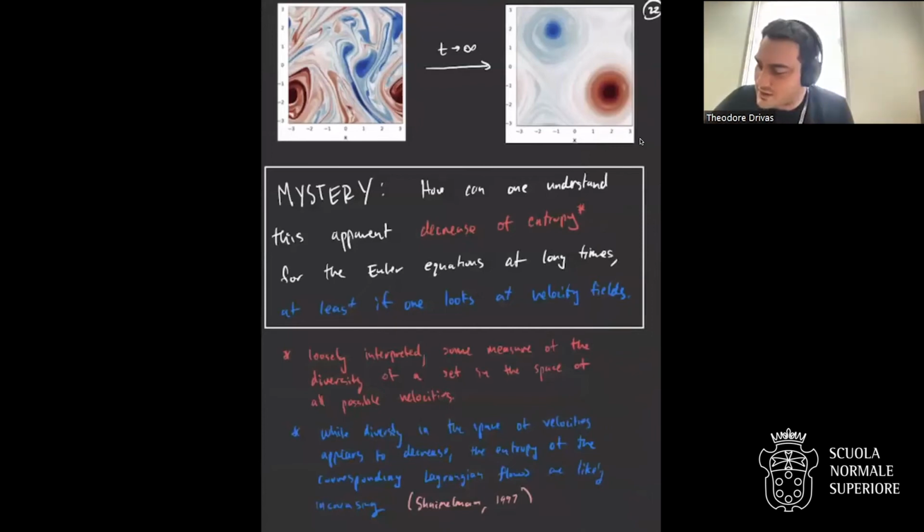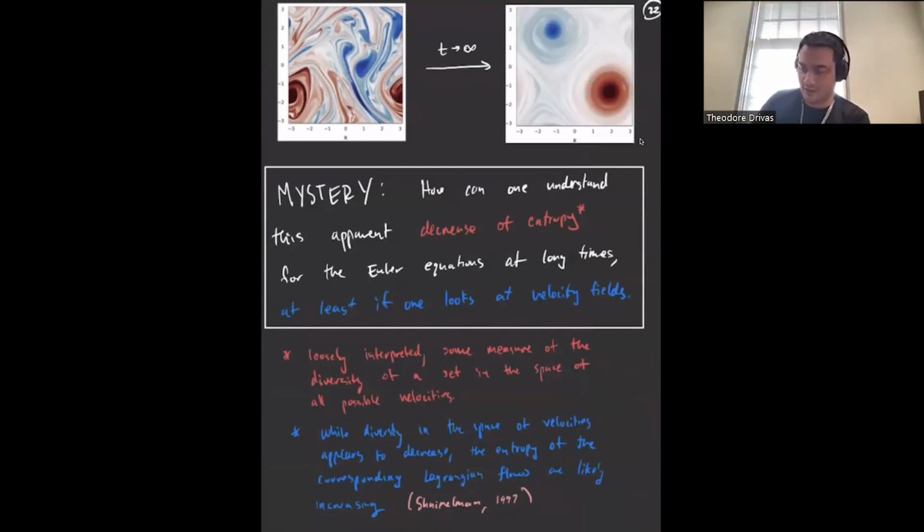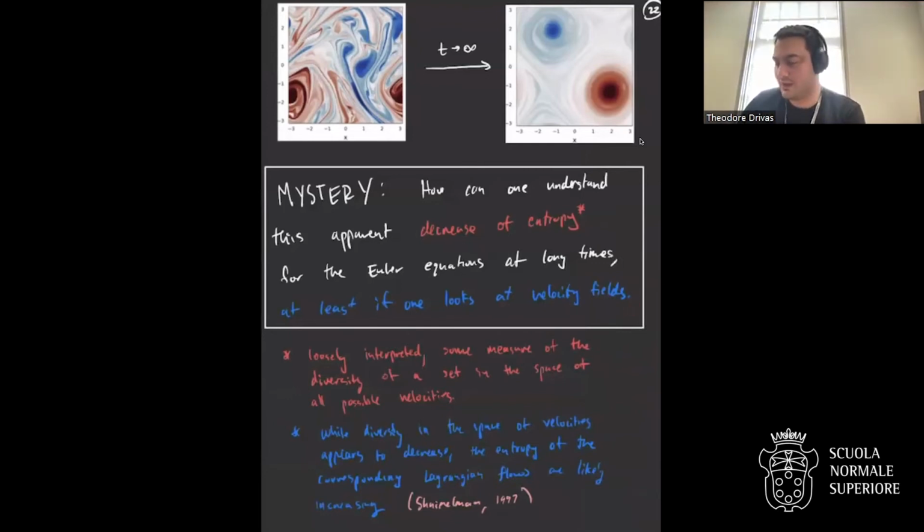So a motivating question for all of this is, how do we understand this apparent decrease of entropy of the Euler dynamical system as a whole, if you look at these weak limits at infinite time, at least at the level of the phase portrait of the velocity field.